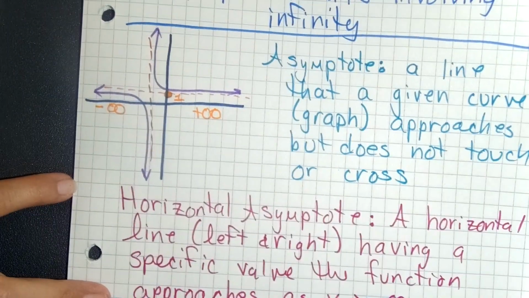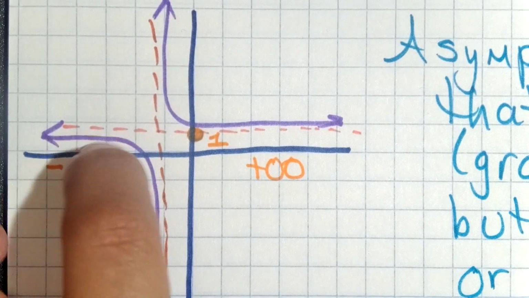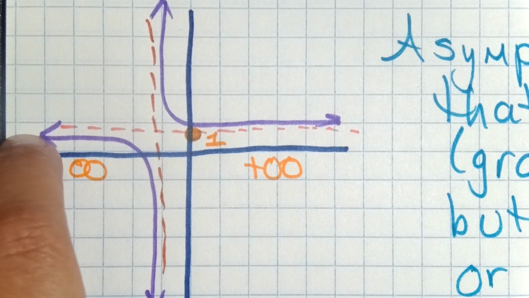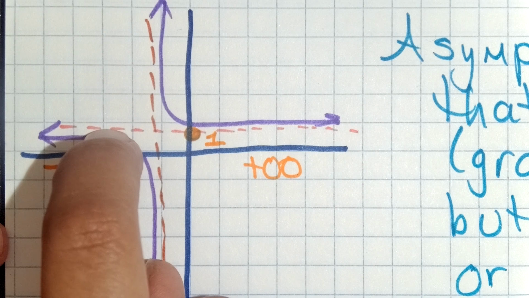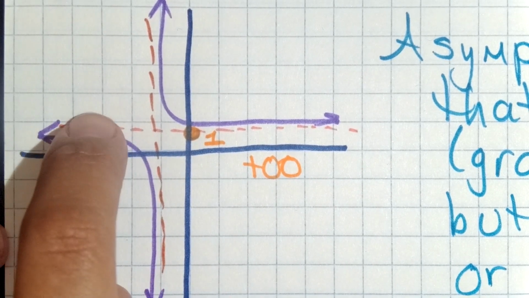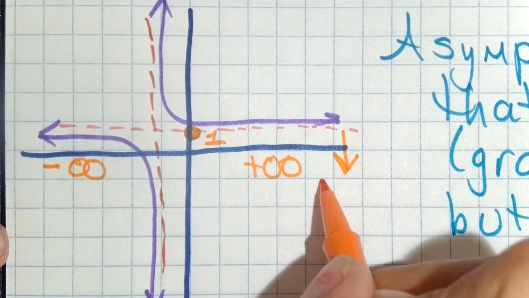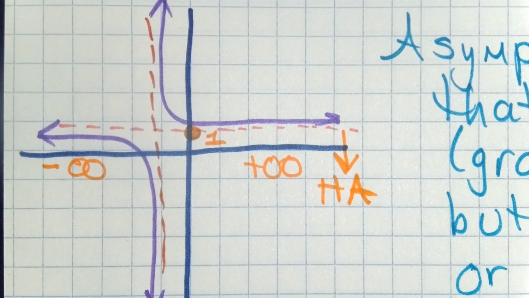So as we approach negative infinity, your graph will approach this line here, which is positive 1. That is a horizontal asymptote. It's the line that goes left and right. This will have a specific value, meaning you will get a specific number, okay? You will get a specific number.